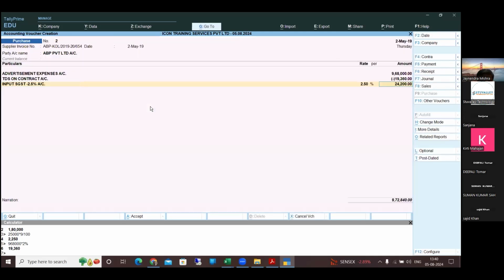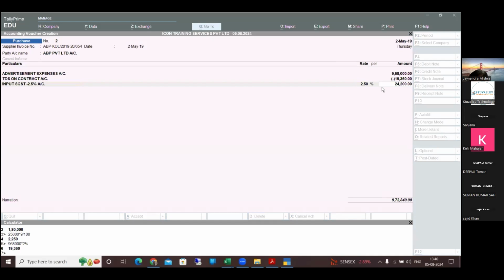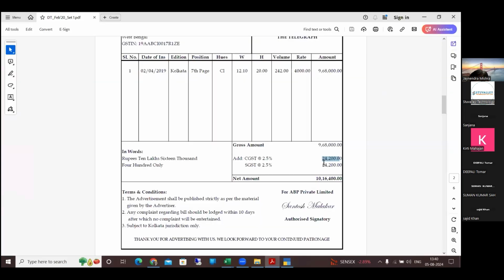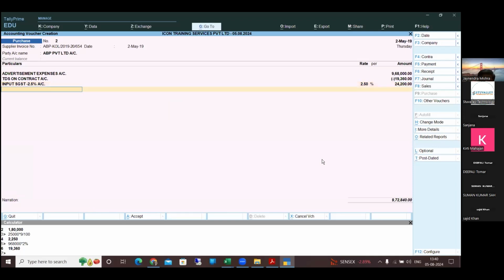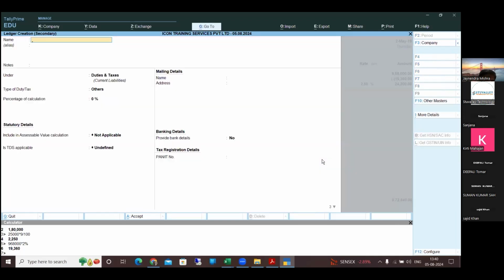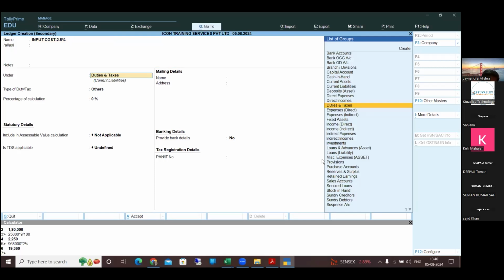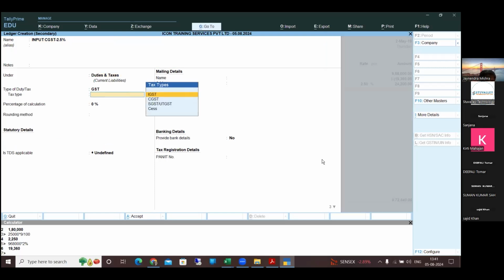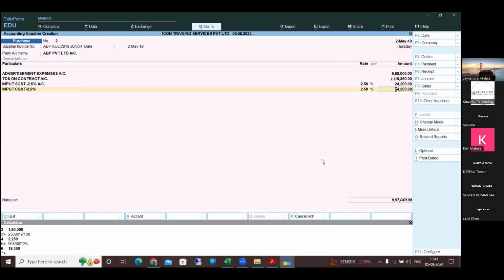Save it. GST is also auto calculated, 24,200. Compare with your invoice. Yes, 24,200, friends. Then State GST, duties and taxes, again it is a GST. Rate same, then 24,200.